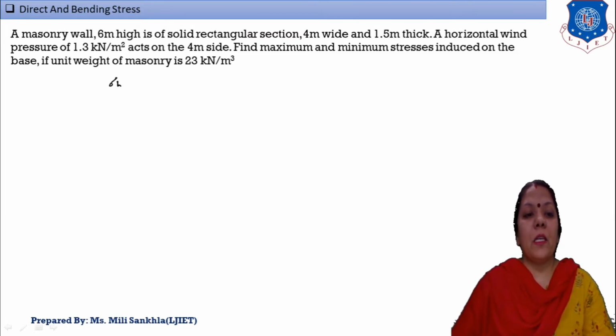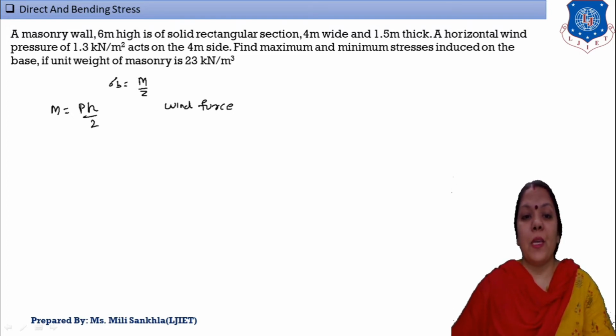Now, in the second step, sigma b is equal to M by Z. We already found the value of Z. Now what is M? M is equal to PH by 2. What is P? P is our wind force.